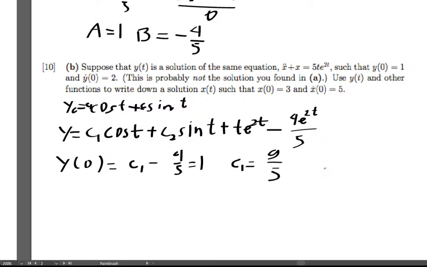And so what about when you take the derivative? Let me compute this on my tablet first.